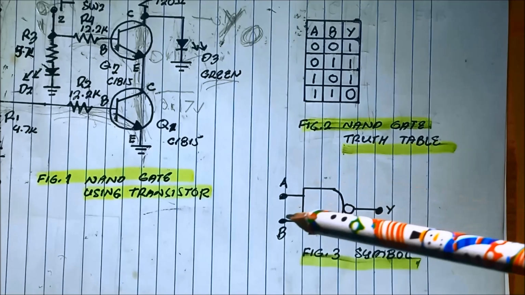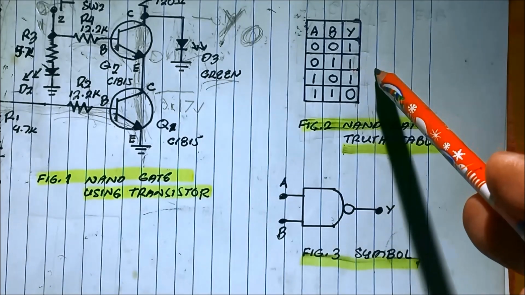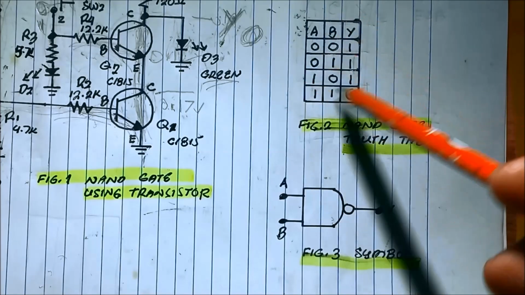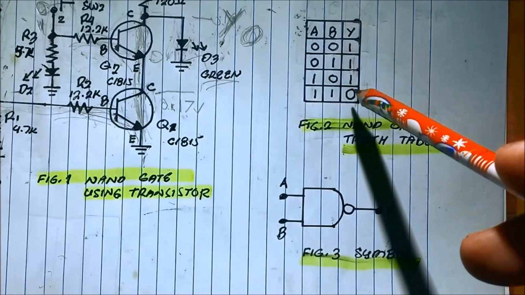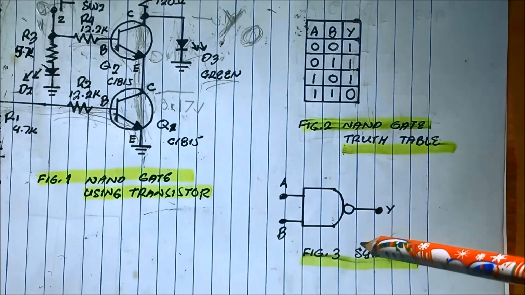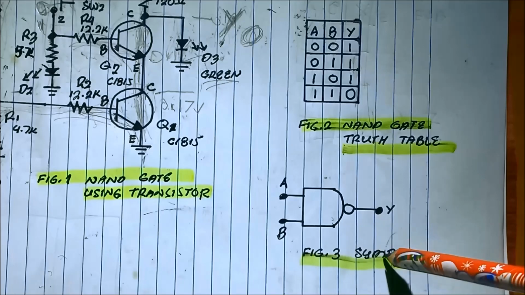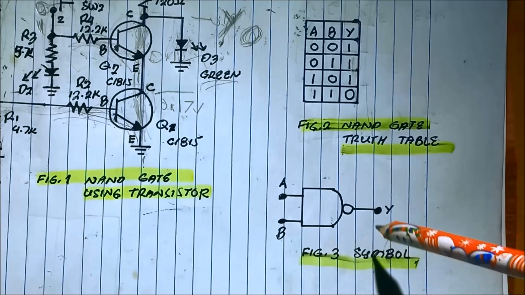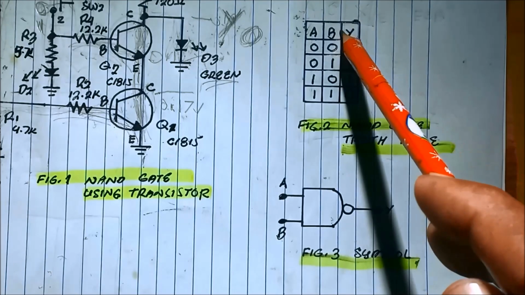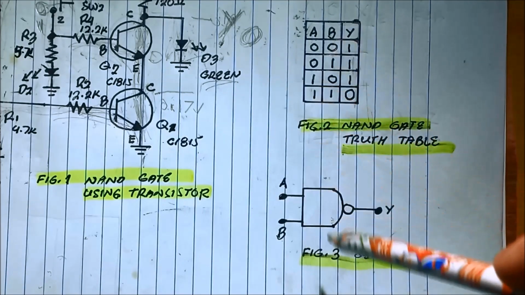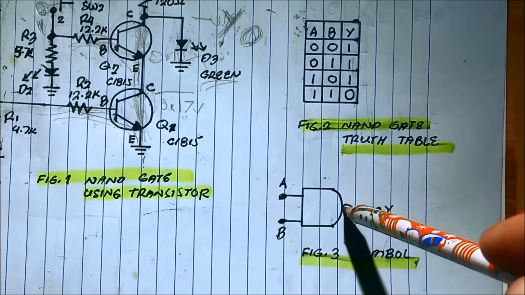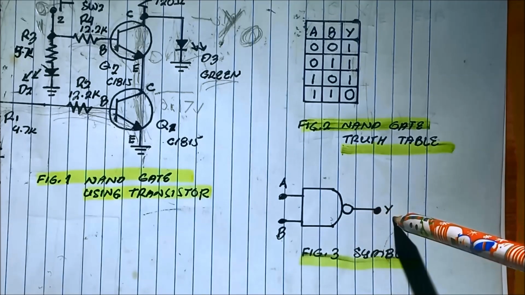And for our project, we have now this NAND gate truth table. So this is now the formal truth table of a NAND gate. Also, we have the symbol. 2 inputs A and B with an output of Y. Just like in the truth table, with a bubble at the output side.